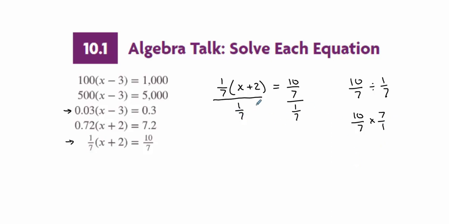So what I'm going to do here, instead of doing all this work converting, I'm just going to go straight to this. If I'm going to divide by a fraction, what I'm really doing is multiplying by the reciprocal. So that's what I'm going to do. I'm going to multiply each side by 7 over 1.